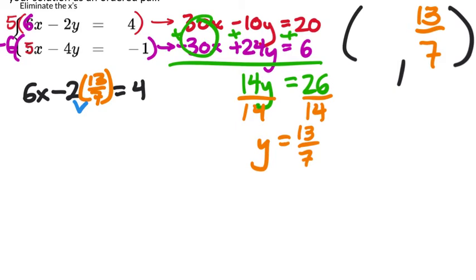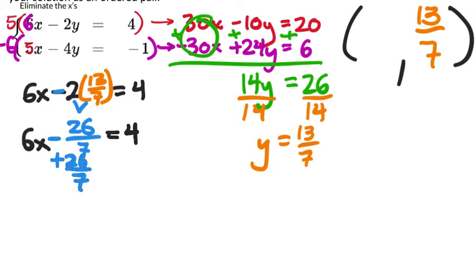So let's see. 2 times 13/7 would be 26/7. So that's got 6x. And then the 26/7 was negative because of the minus sign right there. And then this is going to equal 4, right? So at this point, I've got to add the 26/7 to both sides just to zero that out. So 4 plus 26/7 there.